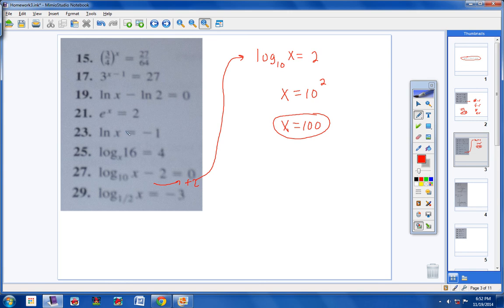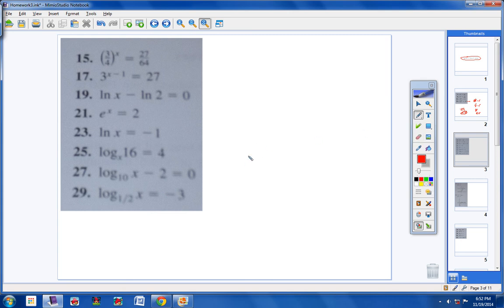Okay, number 29. Log base 1/2 of x equals -3. Okay, so x equals 1/2, and I'll be sure to put the fraction in parentheses, 1/2 to the -3 power. So with your calculator, type that in.